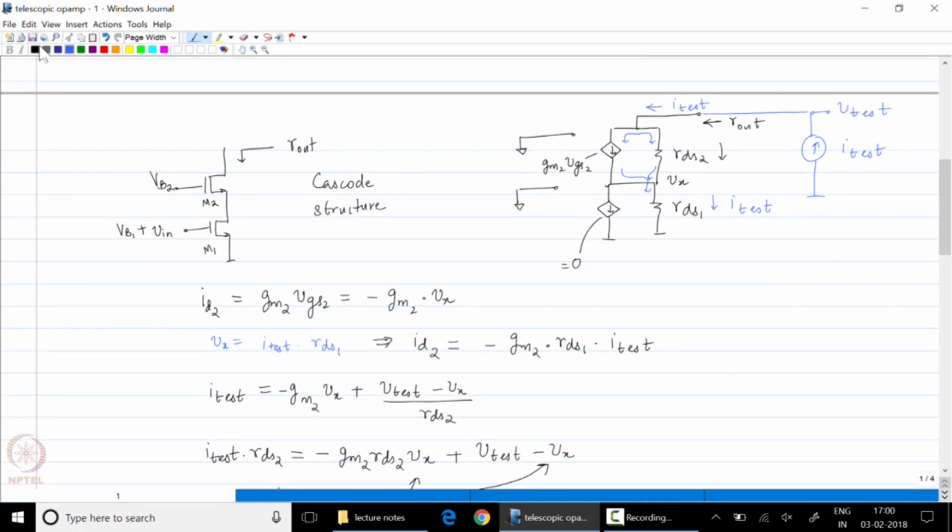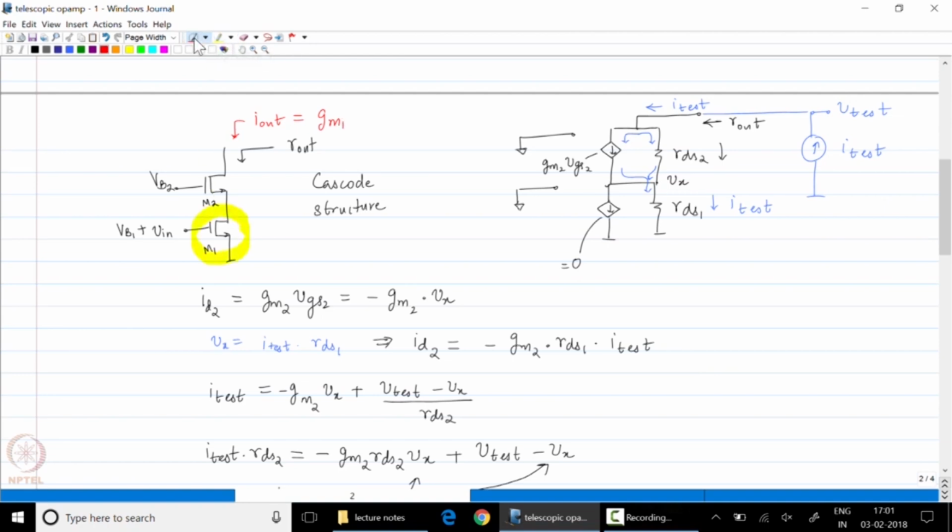I have so far looked only at the output resistance. The output current flowing into the circuit is GM1, the GM of the lower transistor, times Vin. So please note this.